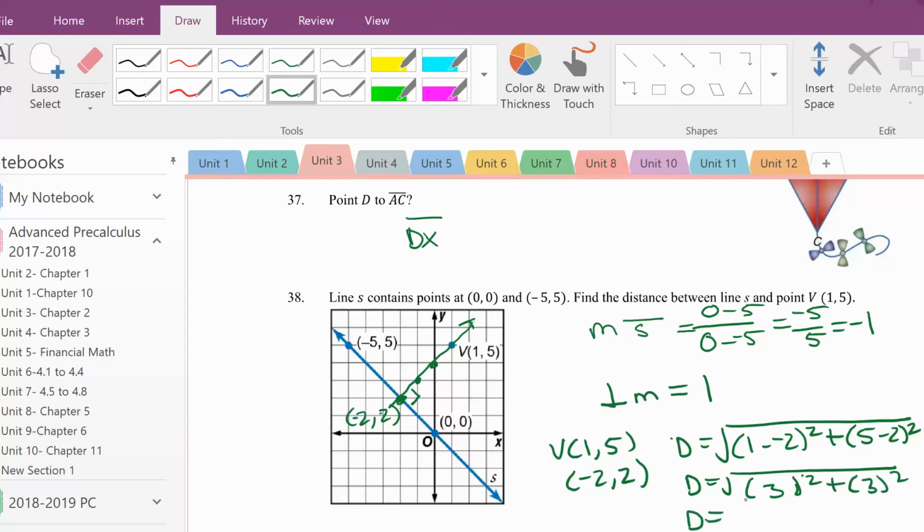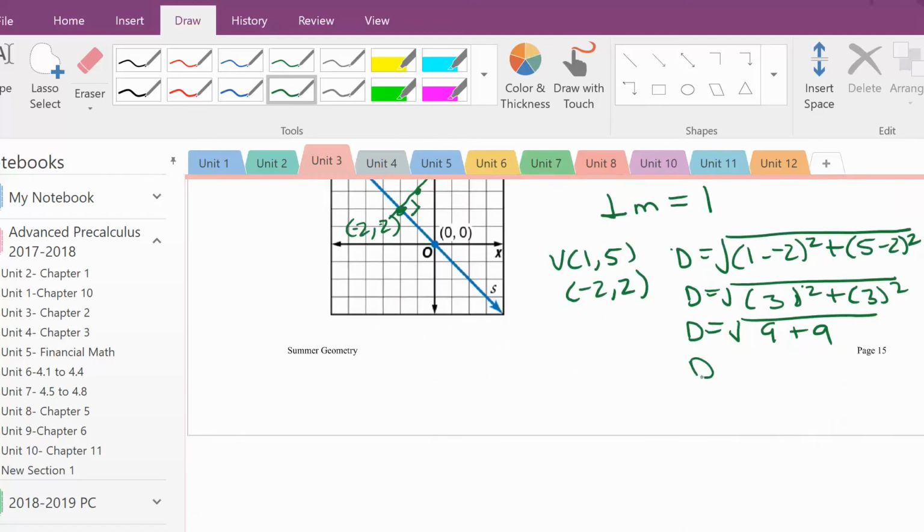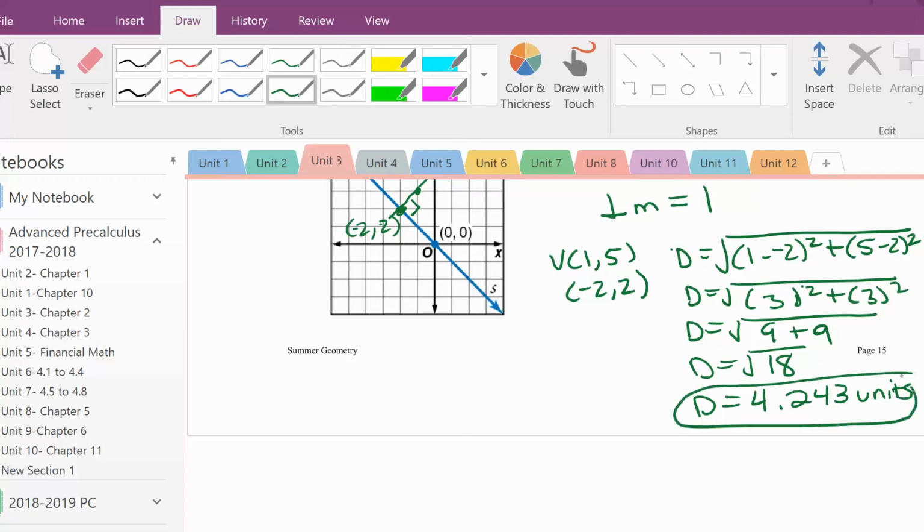So the distance is equal to the square root of 9 plus 9, so the square root of 18, which, when you put it in your calculator, gives you 4.243 units.